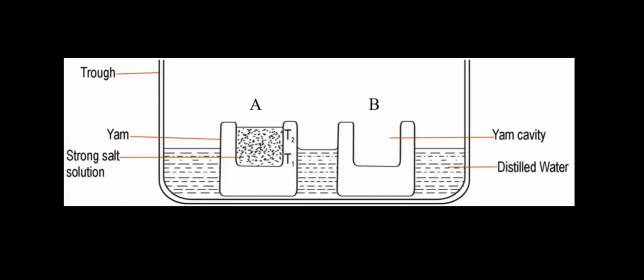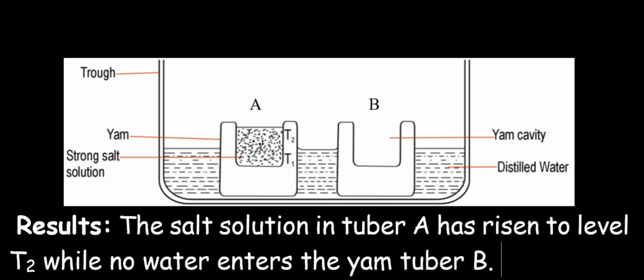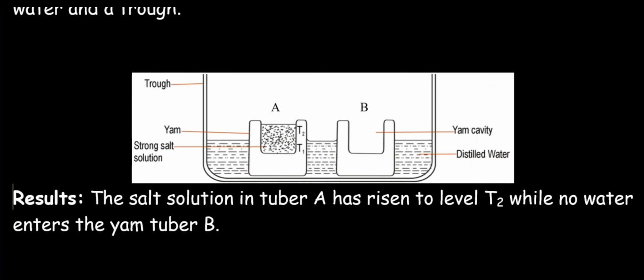After some hours, the result that we will observe is that the salt solution in tuber A has risen to level T2, while no water enters the yam tuber B. In conclusion, the salt solution in yam tuber A has a higher osmotic concentration than the water in the trough, and exerted a higher osmotic pressure on the water.